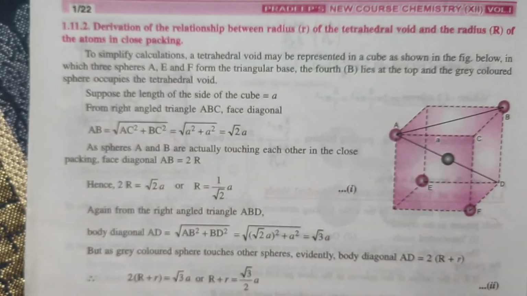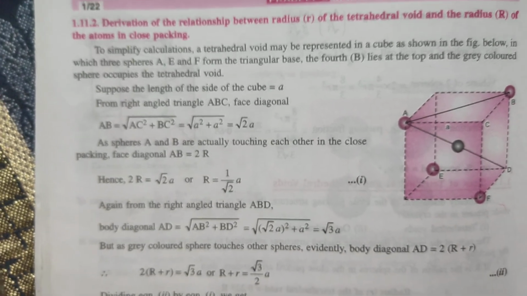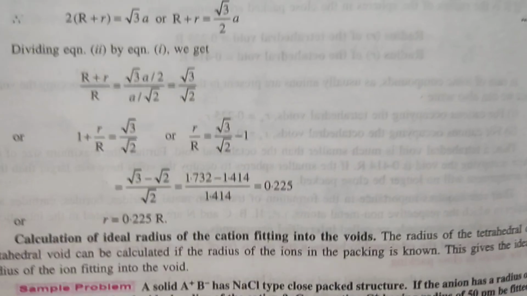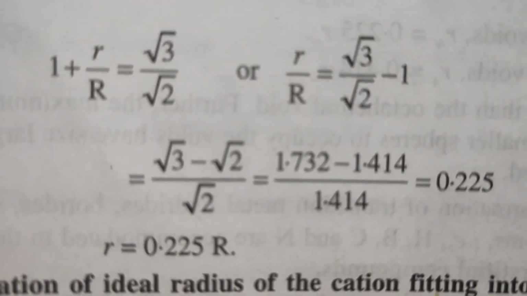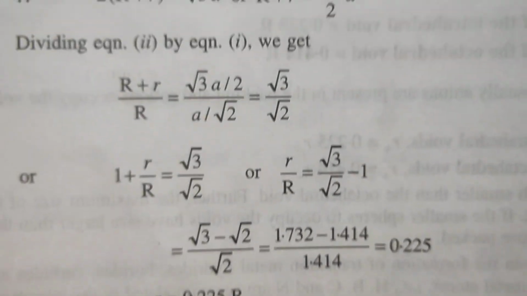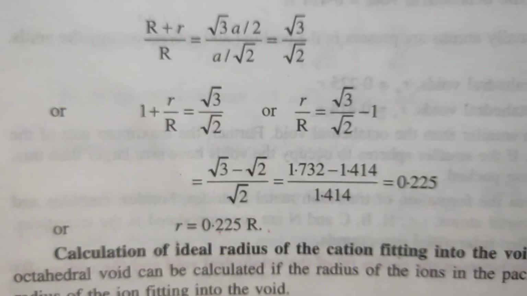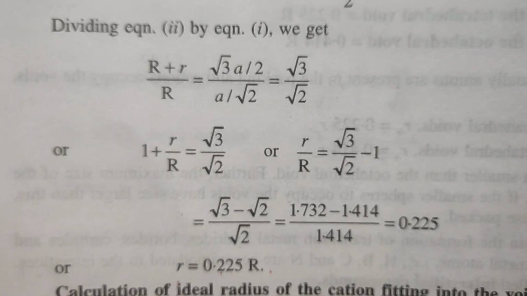With this you can derive the relationship between small r and capital R. That will be small r is equal to 0.225 R. So also try this.